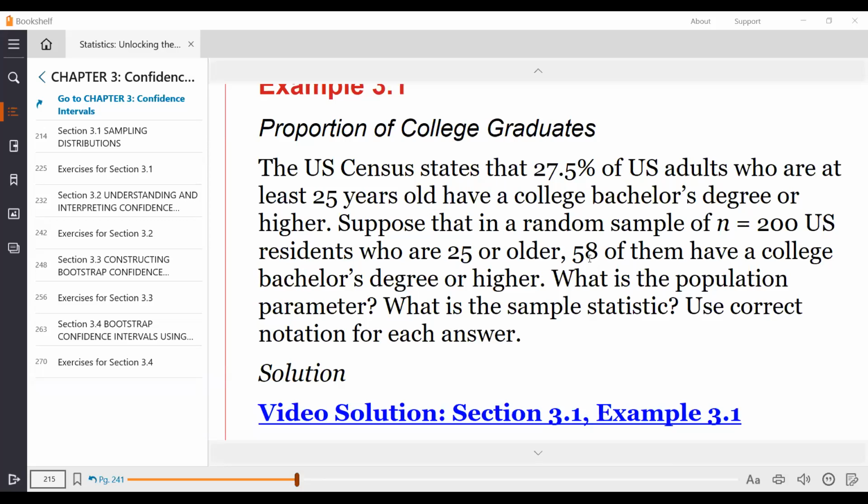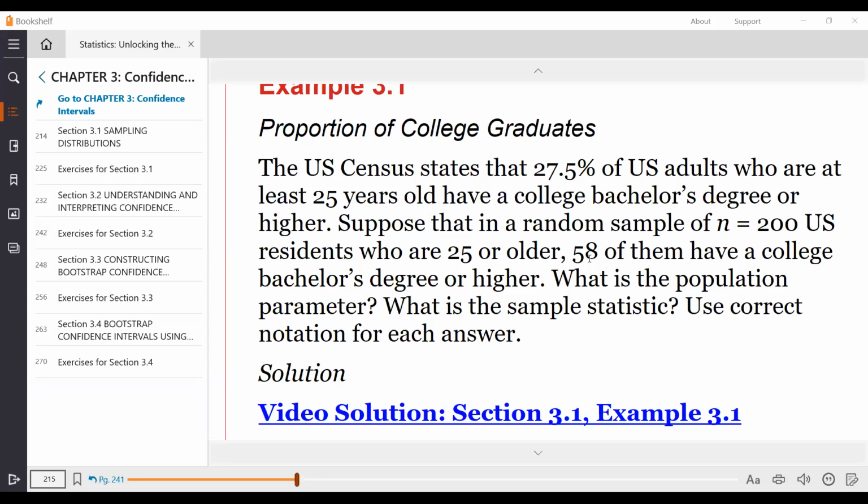First of all, do you think you're going to get the same 200 US residents? No, of course not. So do you think you would necessarily get the same answer for the number of them who have at least a college bachelor's degree? No, of course not. So it's going to vary, right?